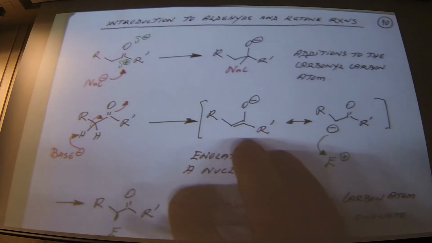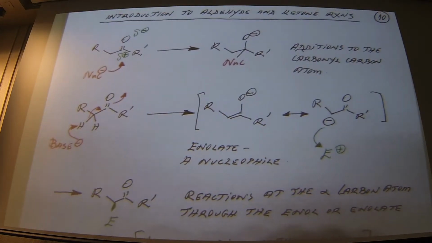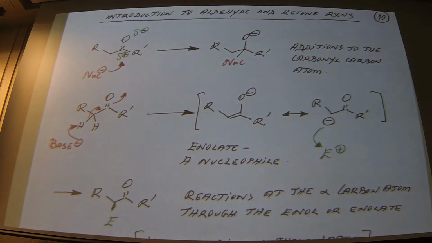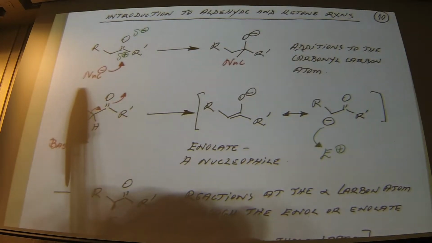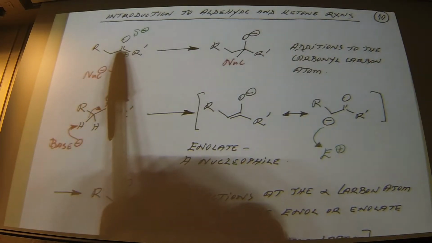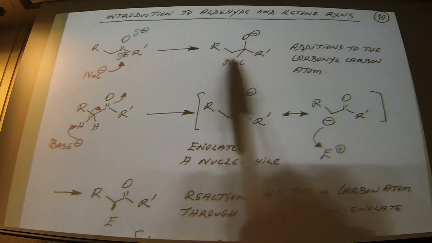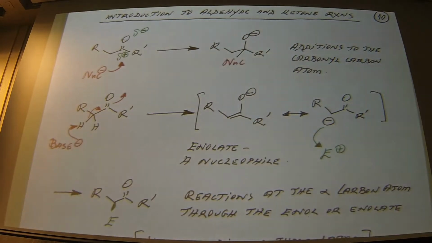And so let's take a look here. We're going to see this again and again and again, and hopefully it becomes second nature. But there are two kinds of reactions that we're going to see. And the first one is nucleophilic addition to the carbonyl. So if I have nucleophiles, we'll see lots of examples of different nucleophiles, and these can form a bond to the carbonyl carbon atom and generate this tertiary alkoxide.